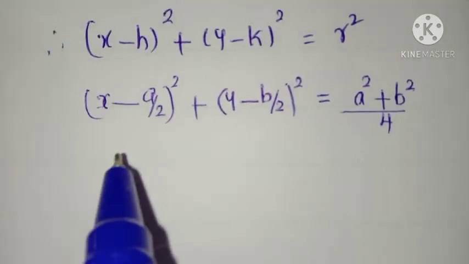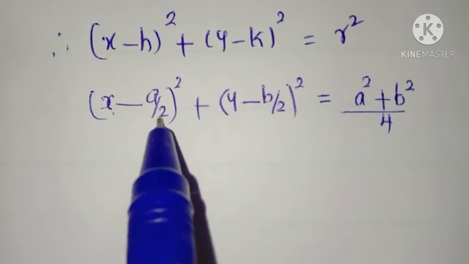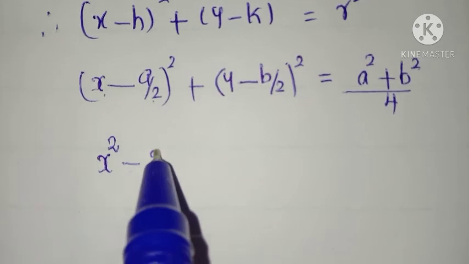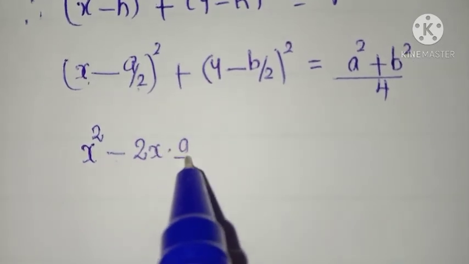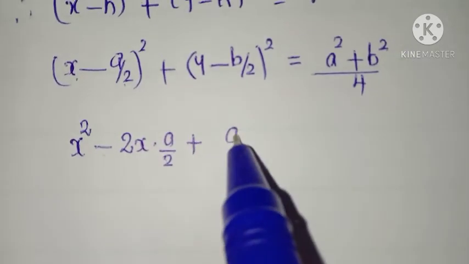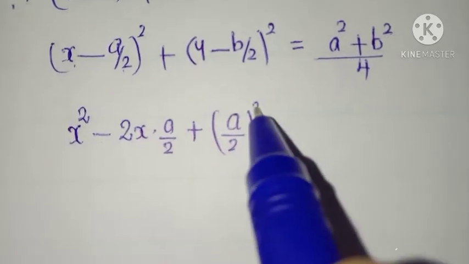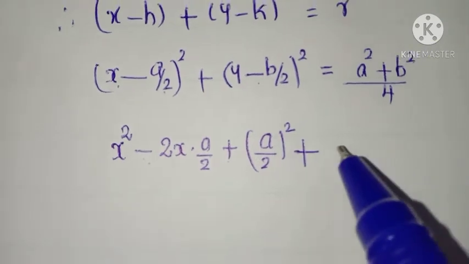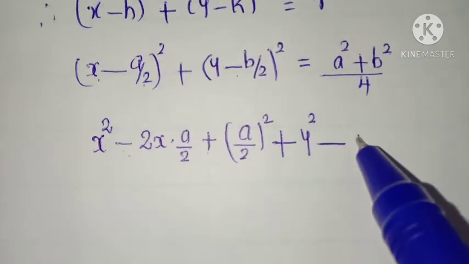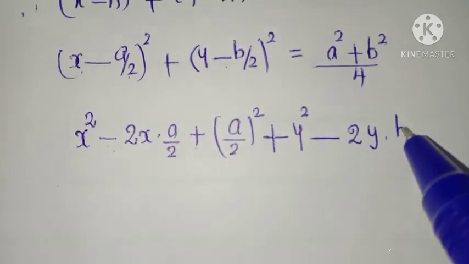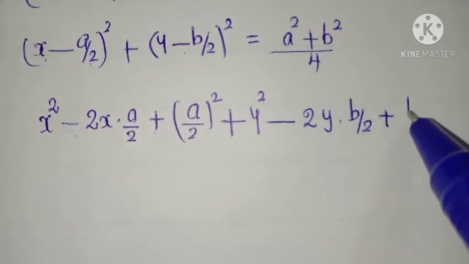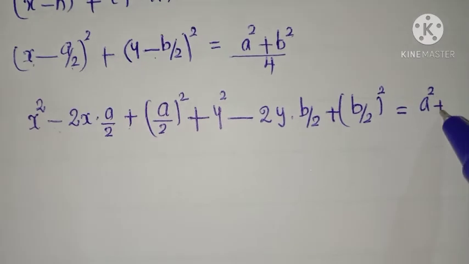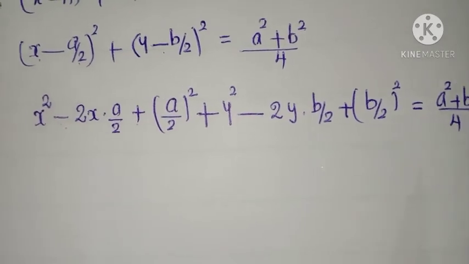Okay. Now simplify. (x minus a by 2) whole square can be written as x square minus 2x into a by 2 plus (a by 2) square, using (a minus b) whole square. Okay, plus this becomes y square minus 2y into b by 2 plus (b by 2) whole square is equal to (a square plus b square) by 4.